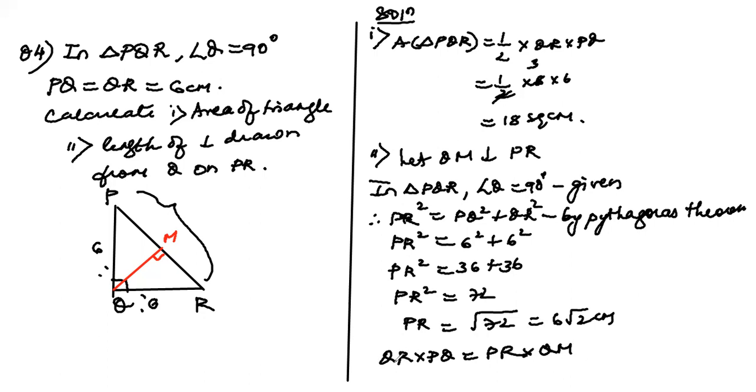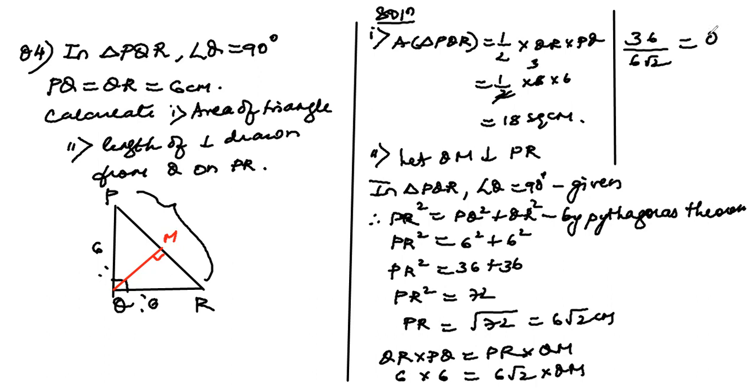Now just put the values, children. 6 into 6 is equal to, what is PR? 6 root 2 into QM. So how much do you get? Very simple. 36 upon 6 root 2 is equal to QM.